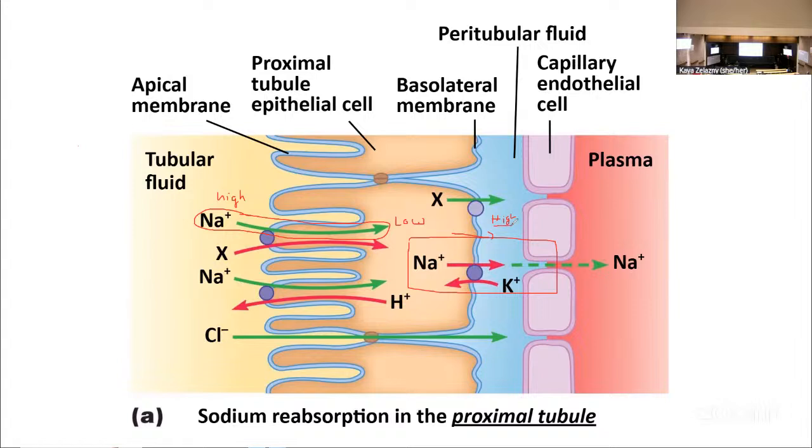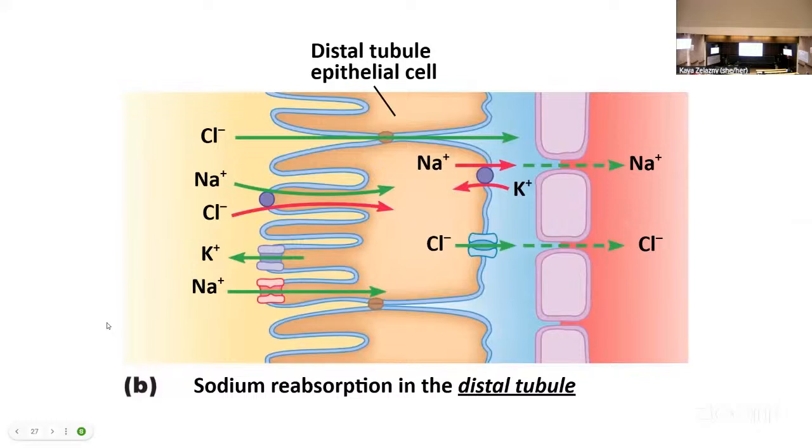This is going to be high concentration, so then we can kind of move passively into the plasma, which again is going to be relatively kind of low. Okay. So that required some energy, but there was no hormone involved. It was unregulated.